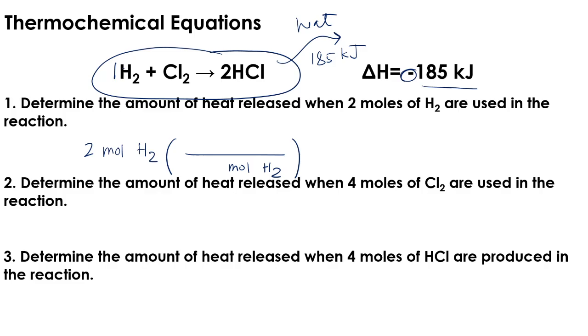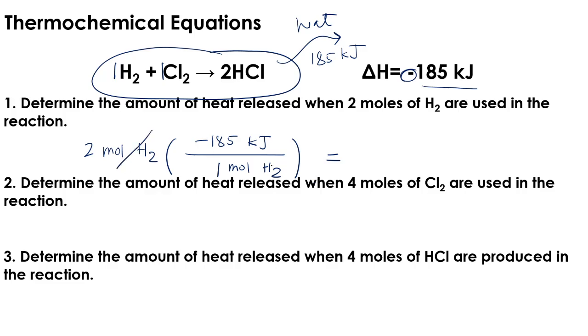The coefficient for H2 is 1. So for every 1 mole of H2, delta H is equal to this value. So that's negative 185 kilojoules.